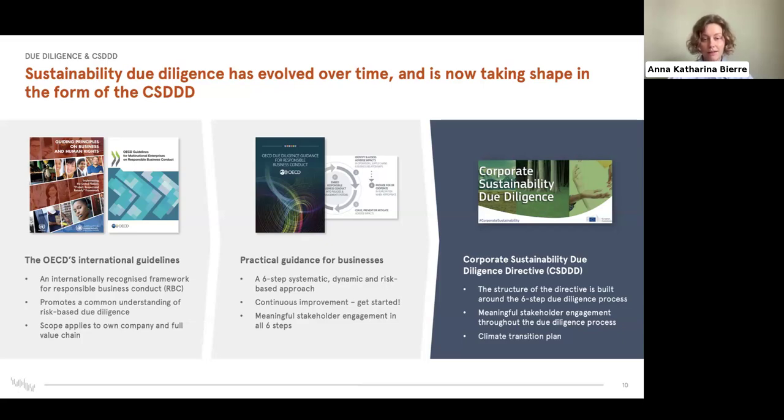Over time, I think the limitations of this voluntary approach have become increasingly evident. We have incidents such as the Rana Plaza factory collapse in Bangladesh, alongside a series of other serious human rights and environmental abuses. And that actually helped build the momentum for having stronger binding measures.